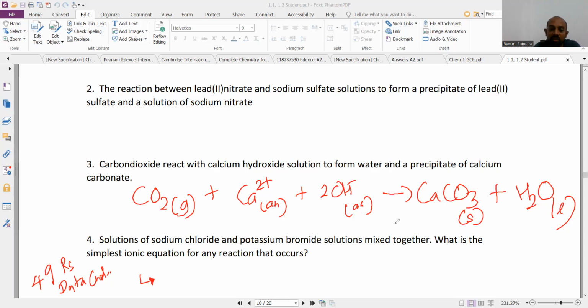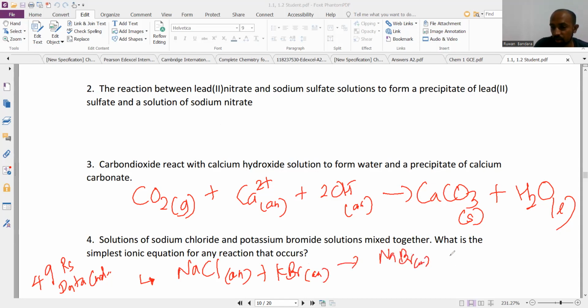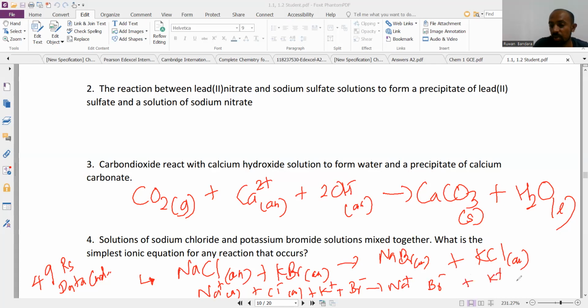Very good. No reaction. Why not? Sodium chloride plus KBr aqueous gives NaBr aqueous plus KCl aqueous. So all are ions: K+, Br-, Na+, Br-, K+ and Cl-.